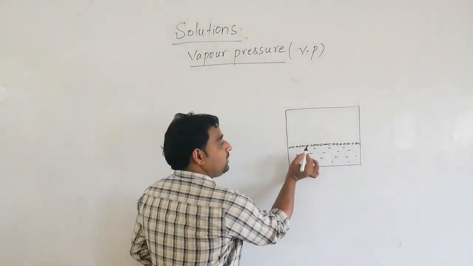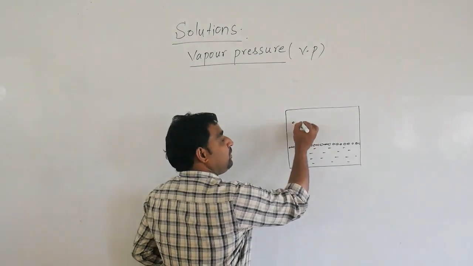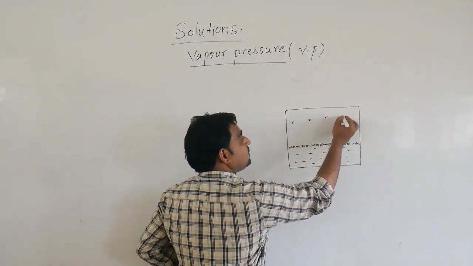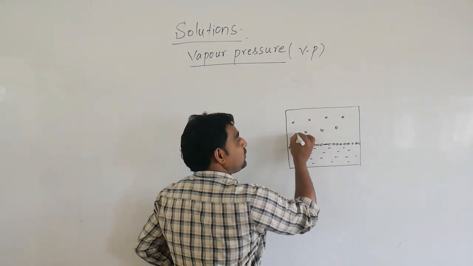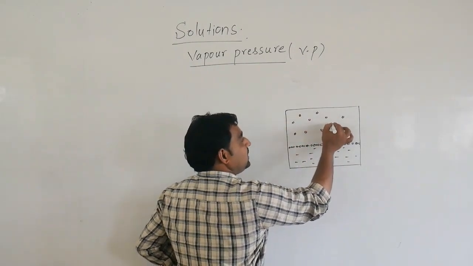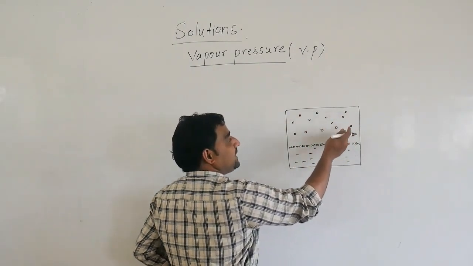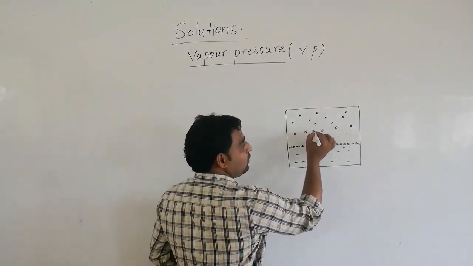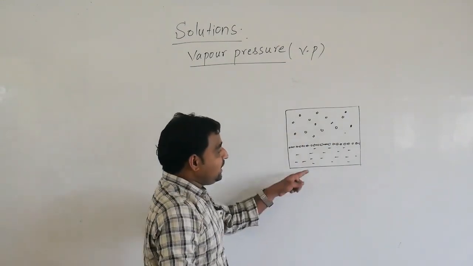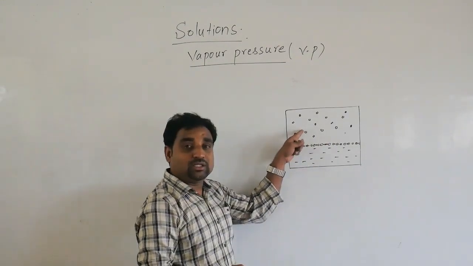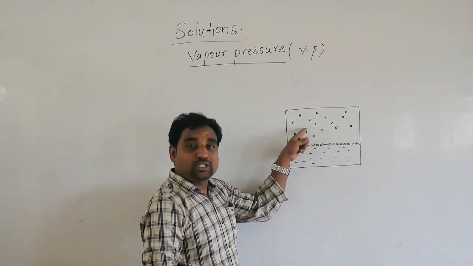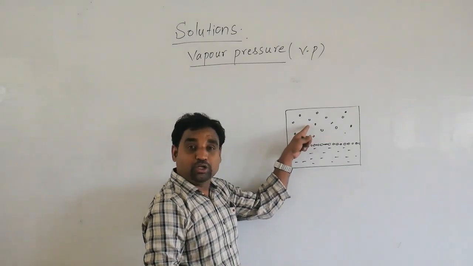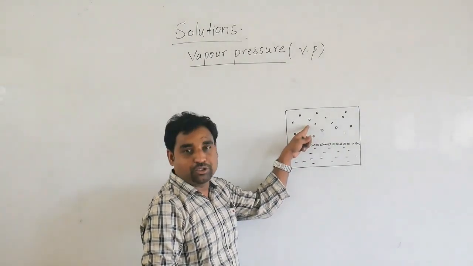So these molecules convert into vapor. Because of the closed container, these vapor molecules will not escape from the vessel. They are collected over the solution. As the evaporation process increases, the vapor molecules over the solution also increase.